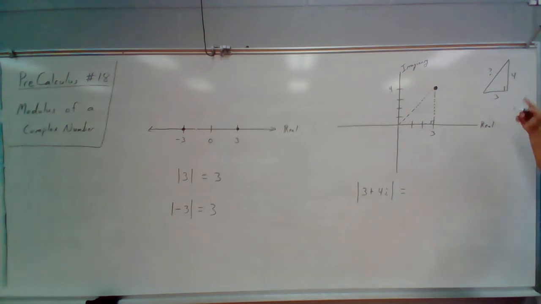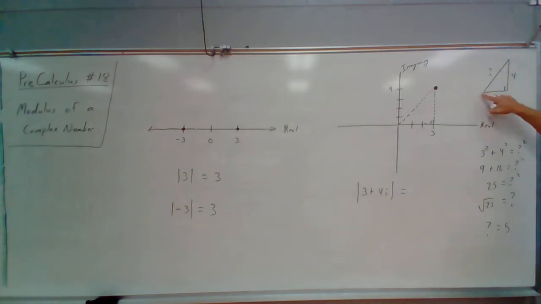All right, so if we work that out, 3 squared plus 4 squared is equal to question mark squared. We would get 9 plus 16, which would be 25, equal to question mark squared. Take the square root of both sides. Question mark would be the square root of 25, which would be 5.